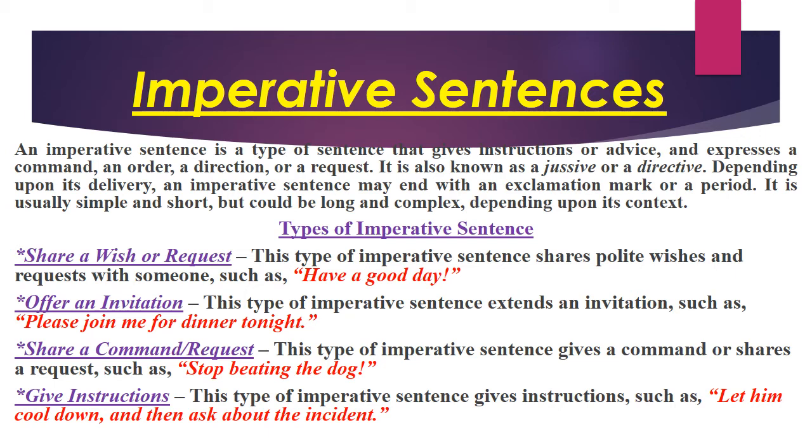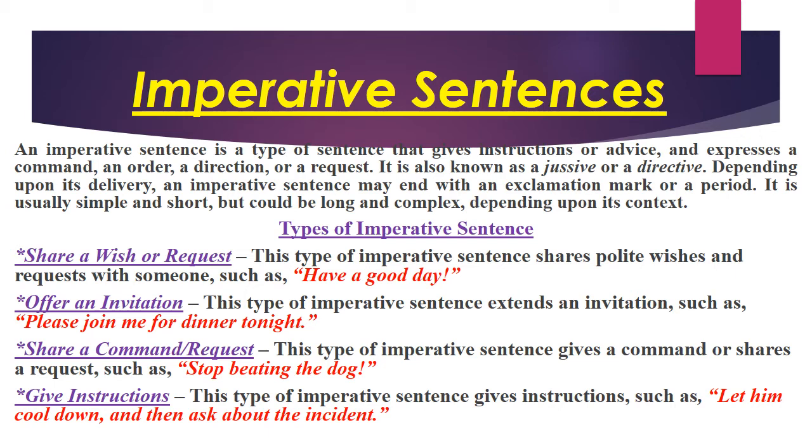It is usually simple and short, but could be long and complex depending upon its context. So, imperative sentences give us instructions, advice, or express commands, an order, a suggestion, or anything like that.